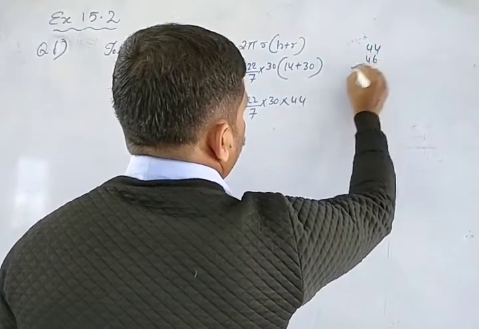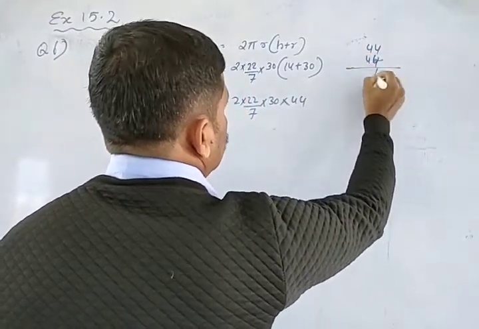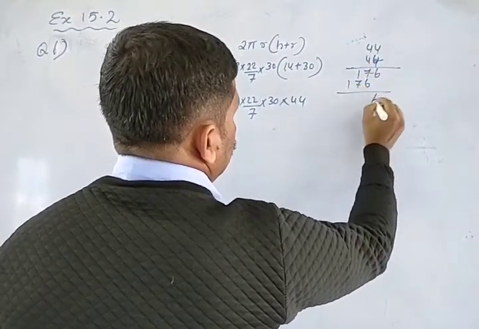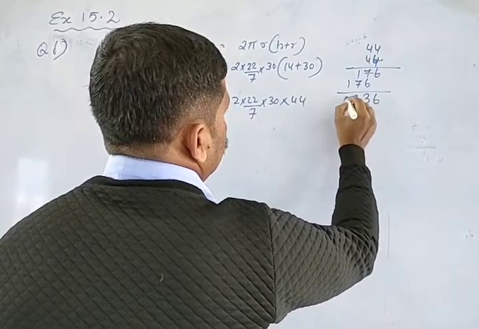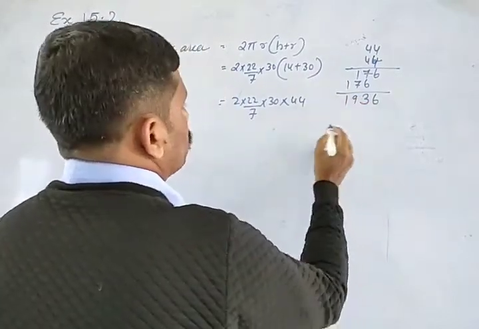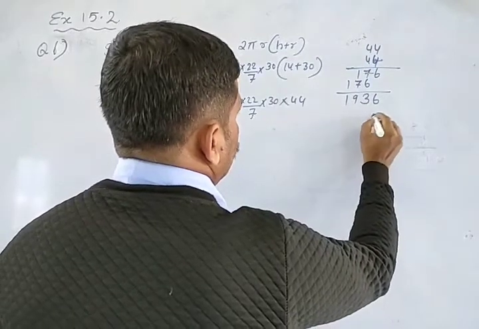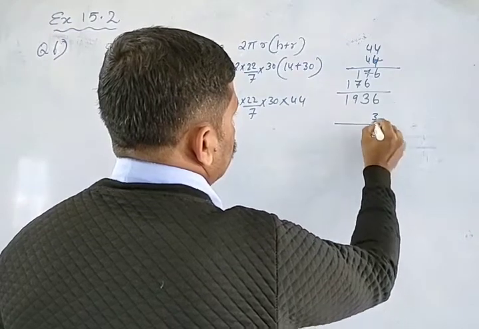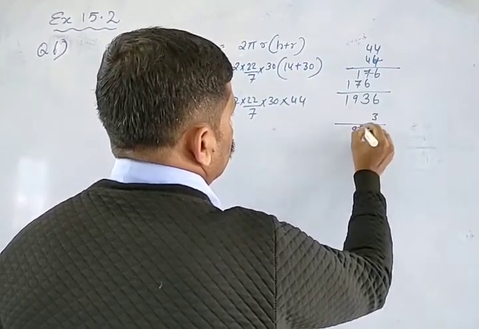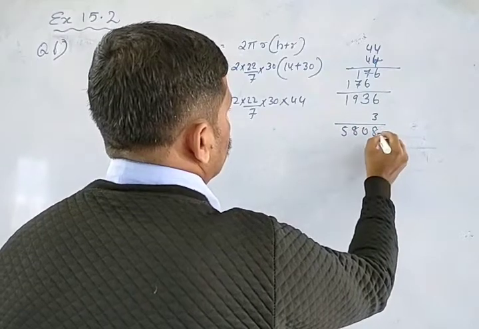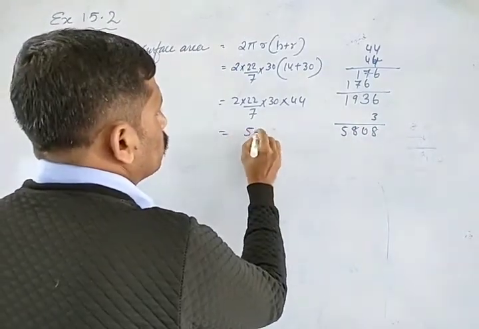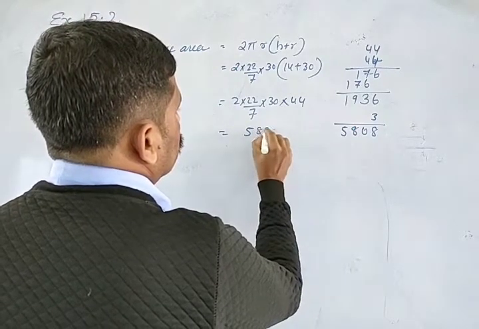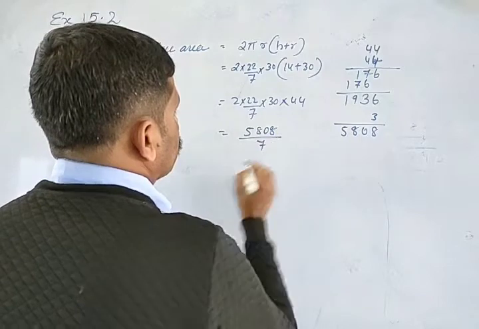So here we multiply 2 into 22, 44, 44 into 44, we multiply. That is 1936. 1936 into 30, then divided by 7.